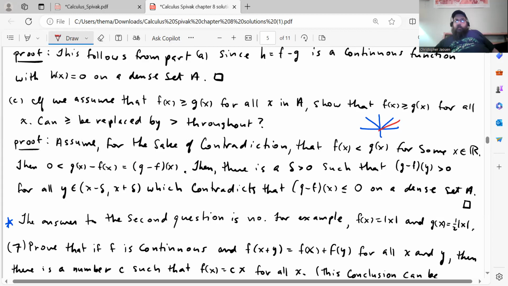One of them looks like that, one of them looks like this. So obviously the red graph is less than or equal to the blue graph on a dense subset of R. But notice that the blue graph is not strictly greater than g of x for all x. For example, at the origin, it's not.